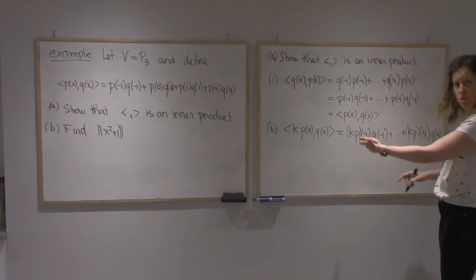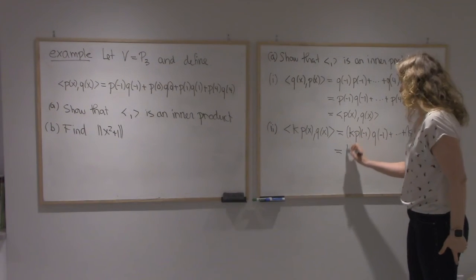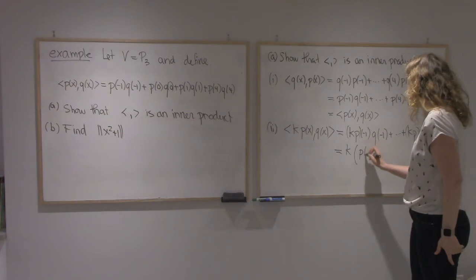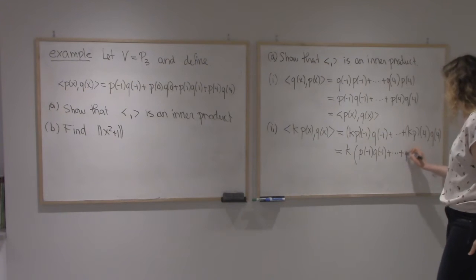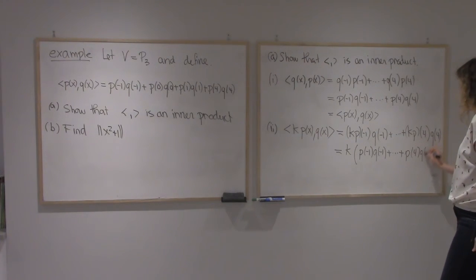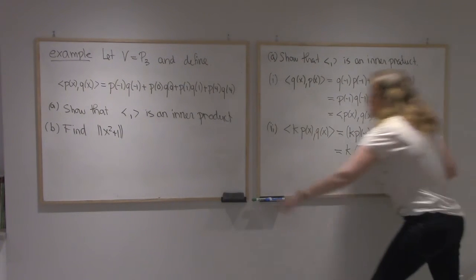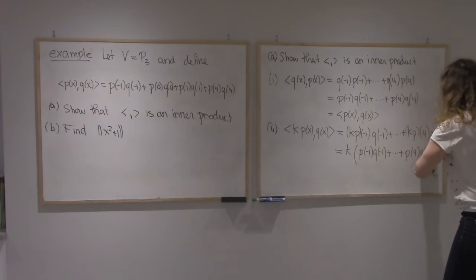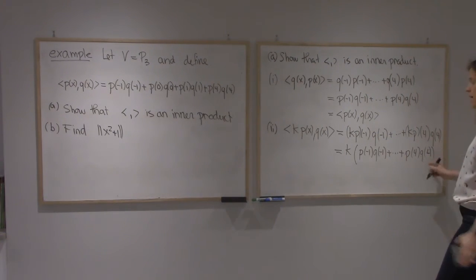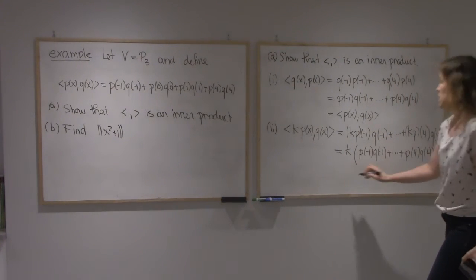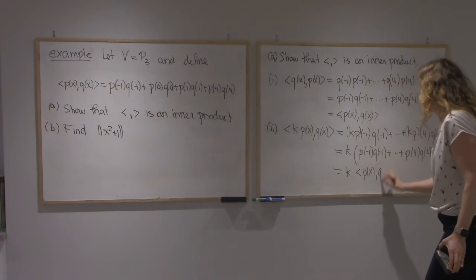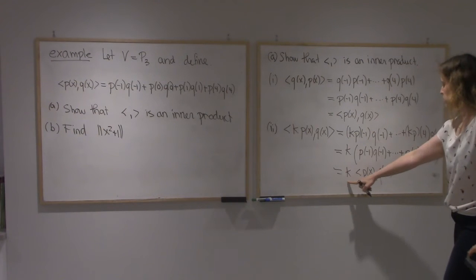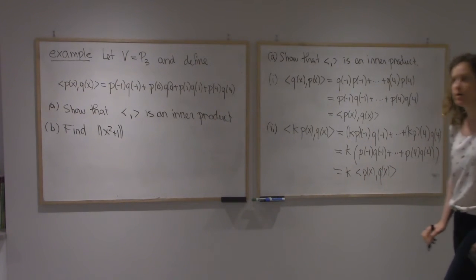Now this just means multiplying by k, so again I can factor it out of each one. And what I'm left with is the product of P and Q, and so I get that k comes out of the product.